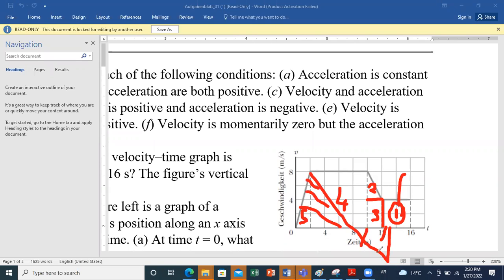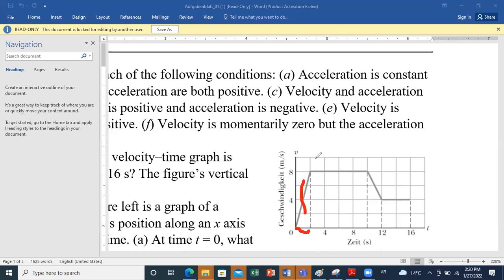Everything above the axis you count plus the area, everything below the axis is minus the area. So for this triangle, the area is 2 times 8 over 2, so it's 8.